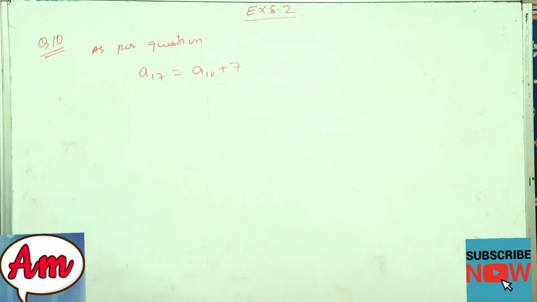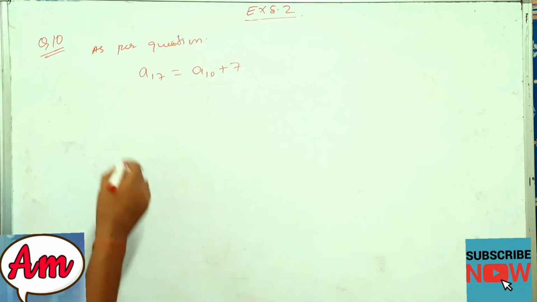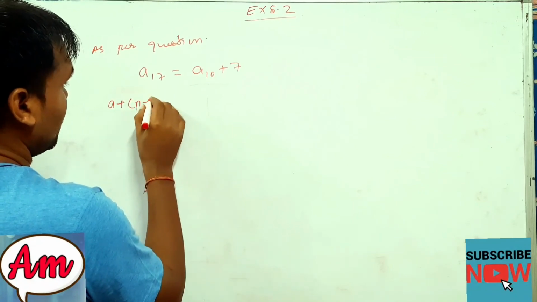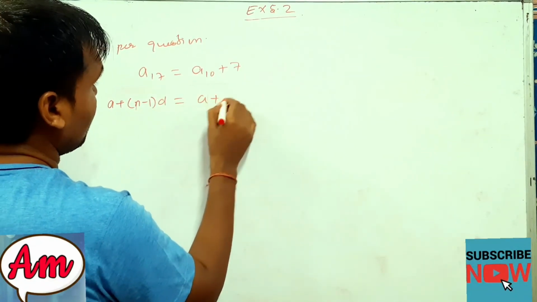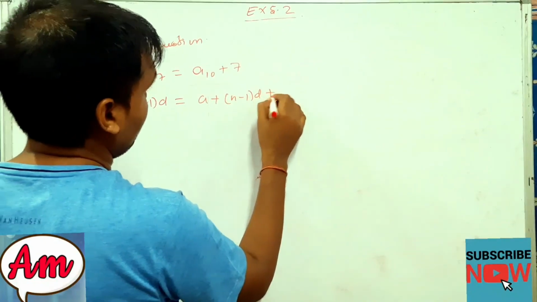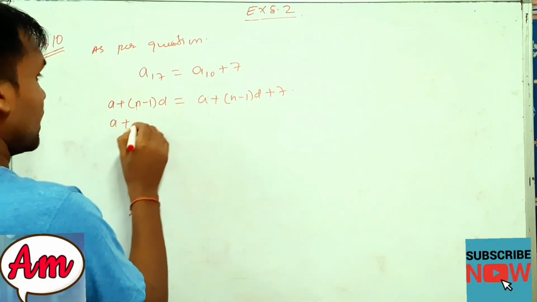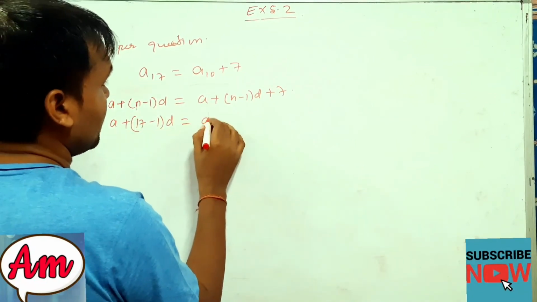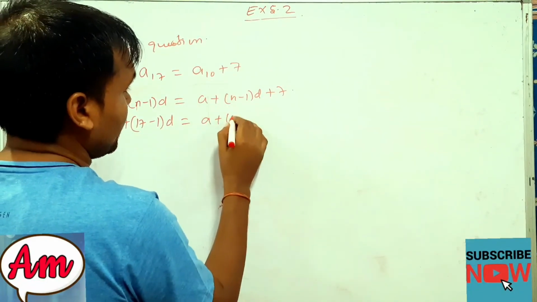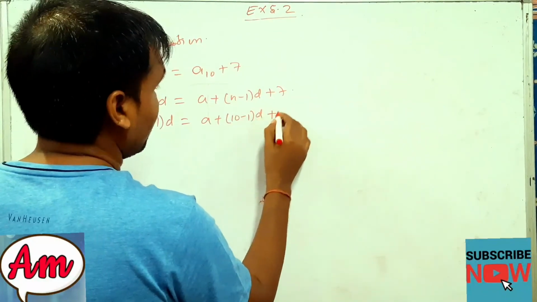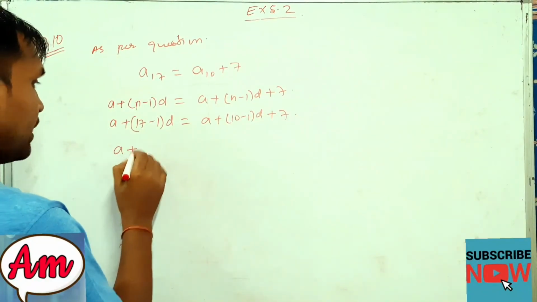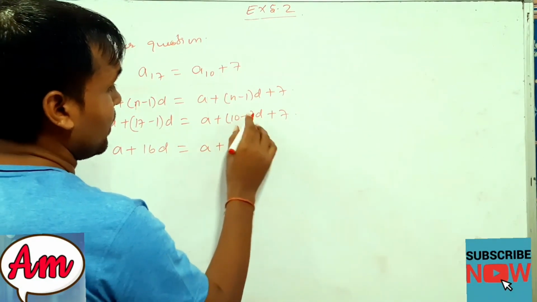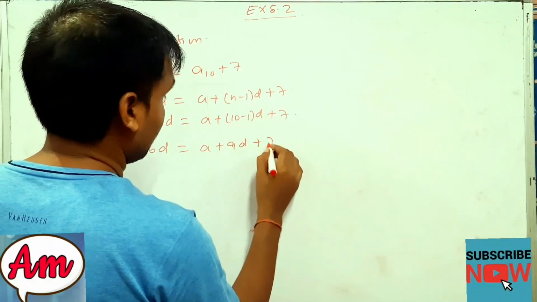So they are telling us to find out the common difference. Very simple it is. We'll write a plus n minus 1 into d. This is the formula. a plus n minus 1 into d plus 7. So n is 17 here: a plus 17 minus 1 into d, and here n is 10: a plus 10 minus 1 into d plus 7. So 17 minus 1 is 16d, and 10 minus 1 is 9d plus 7.